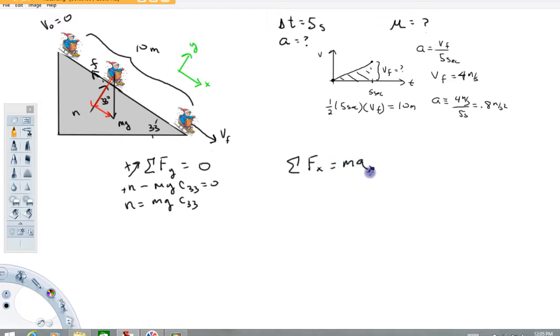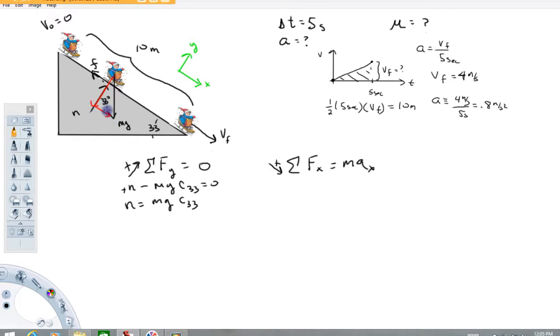I'm calling this down and right the positive x direction. So I look at my free body and I notice the normal does not have an x component, but the mg does. The component of this gravitational force that's in the x direction is here.